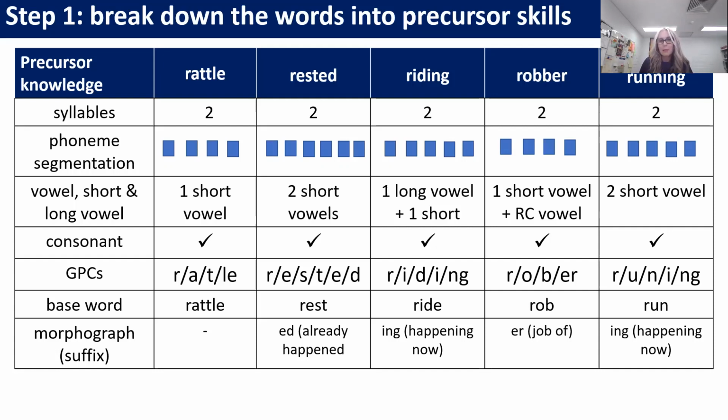And then, of course, in some words that I presented to you, there is indeed a morphograph, a suffix. And those suffixes, because we have a phonological morphographic language, not only are spelled a certain way, but they have meaning. So ED has already happened, ING is happening now, and ER is the job of, which we can teach to children as well.